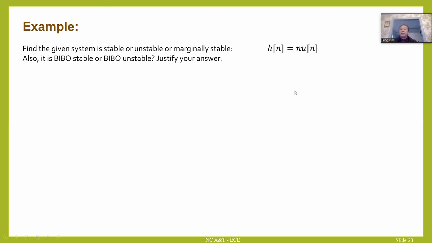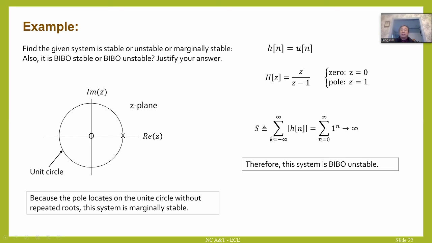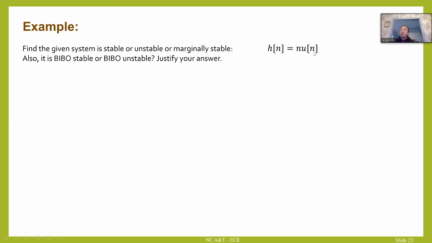Is it okay, right? Everybody understands, right? Okay, yeah. So what about this? Okay, let's do this one: n times u of n. If you take the z transform, we know that the z transform is z over z minus 1 squared.